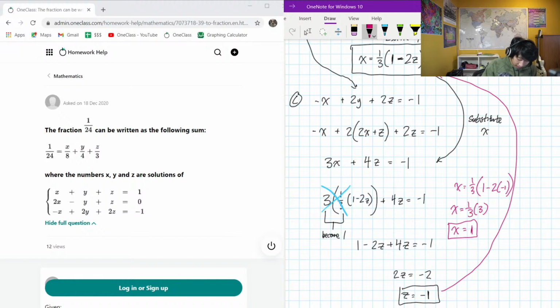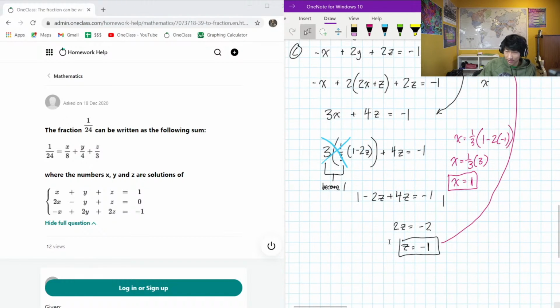Okay, now that we know x and z, equation A can pretty quickly tell us what y is going to be. So if we know that x plus y plus z is equal to 1, we could have used any of the equations here, but this was just the one that was right in front of me and the most convenient.